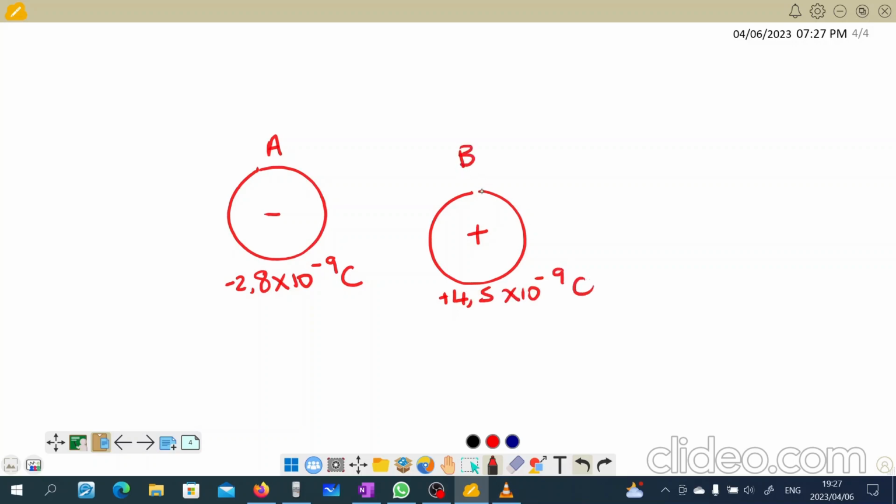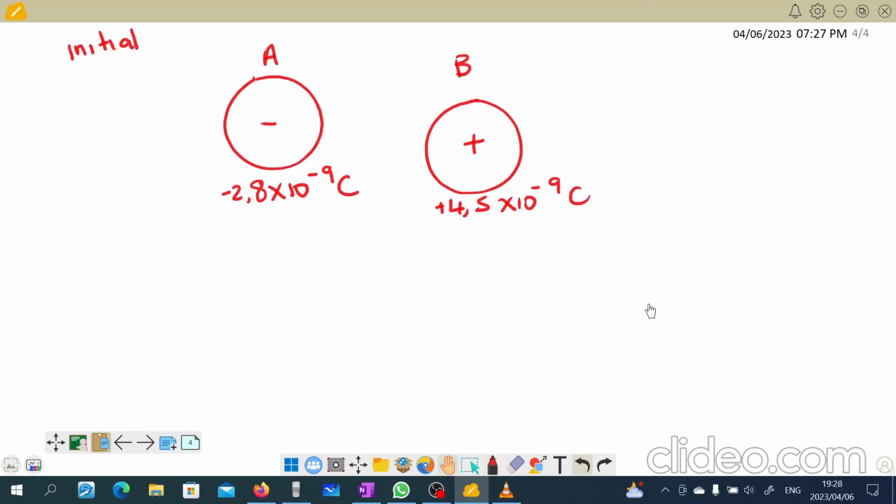That is sphere B. Remember, this is happening initially. So that's initial. Then we know that they will come into contact. Then they will come into contact with each other.